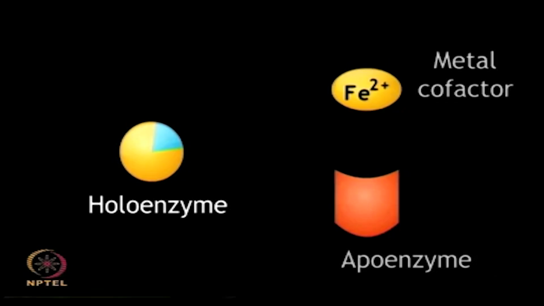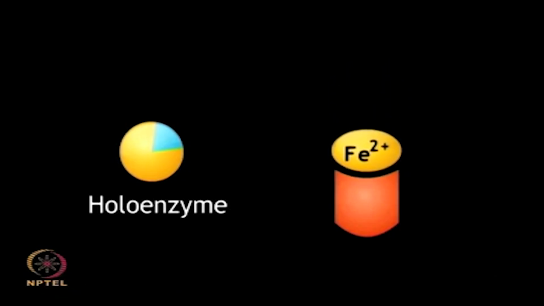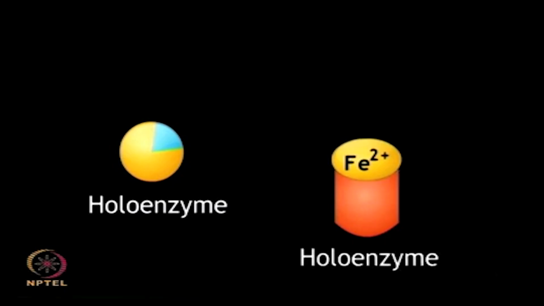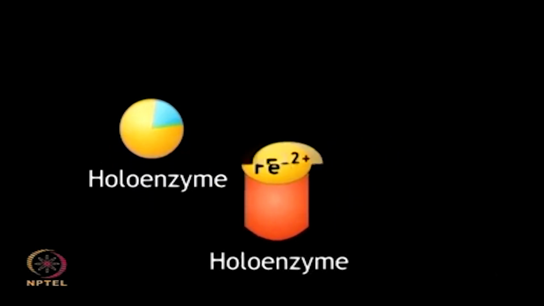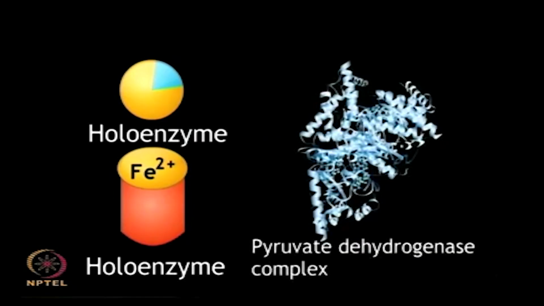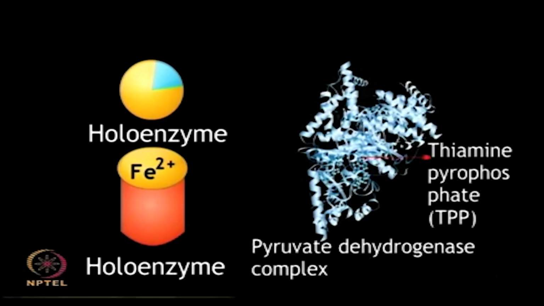The pyruvate dehydrogenase is a complex enzyme which uses thiamine pyrophosphate as its coenzyme, while another enzyme, carbonic anhydrase, uses zinc ion as its cofactor.